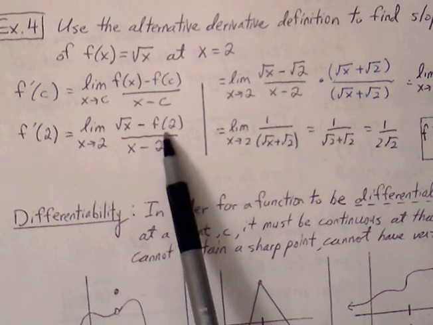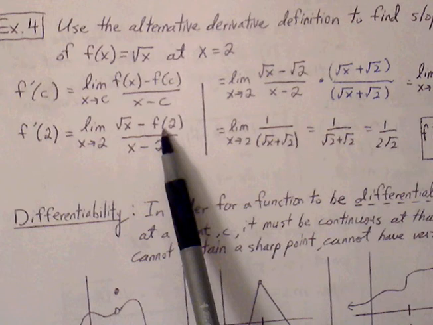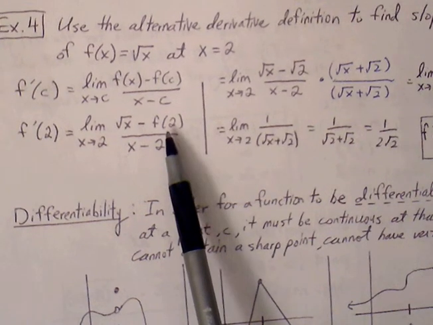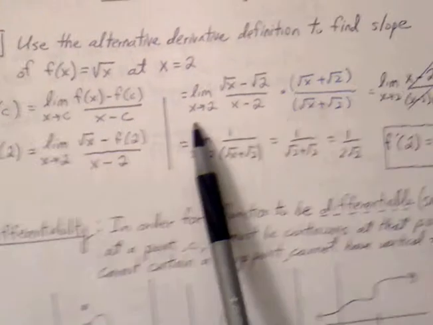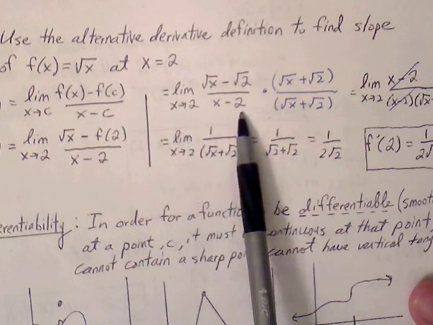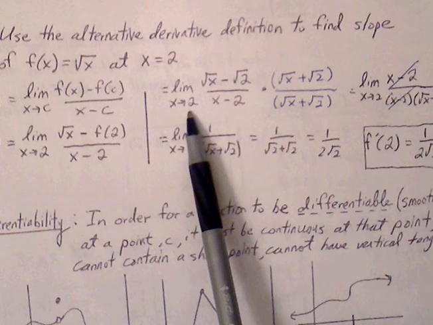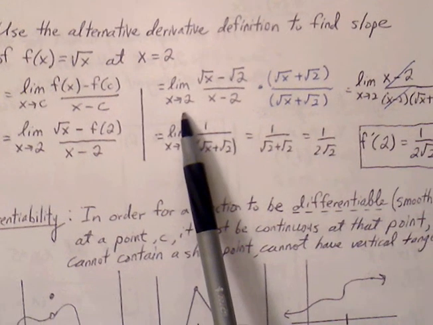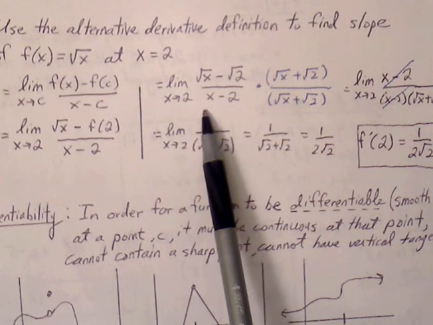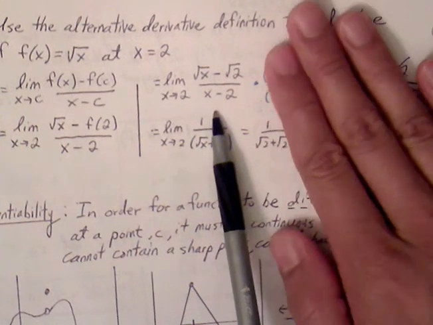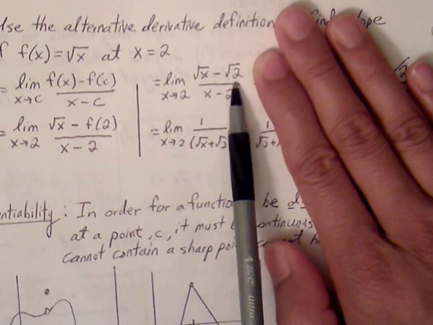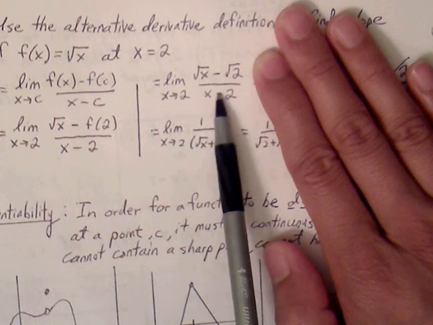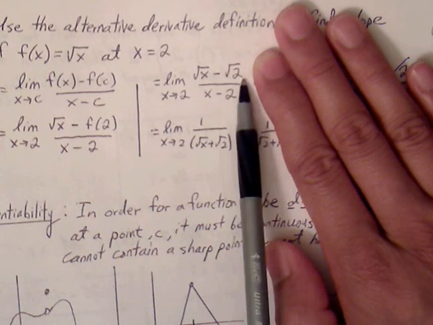But first, f of 2 becomes root 2, because if I plug 2 into the original function, I'm going to get root 2. So that leaves me with the limit as x approaches 2 of root x minus root 2 all over x minus 2. Now if we plug in 2, we get root 2 minus root 2 all over 2 minus 2. So we get 0 over 0, which means that this is indeterminate.